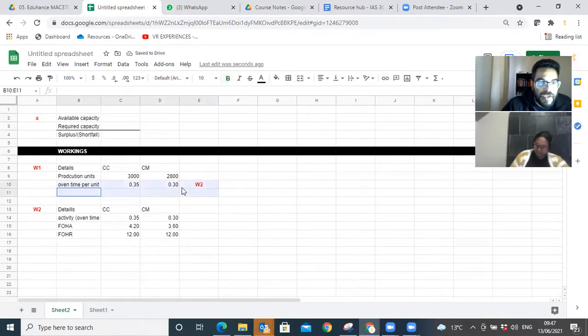So this will give me required time. Required oven time is 3,000 units multiplied by 0.35 hours per unit. That's the number of hours required. So let me just do that.